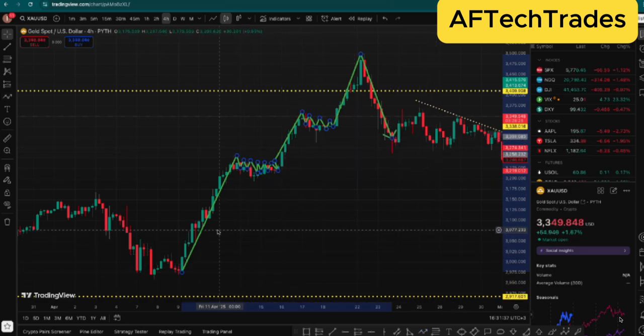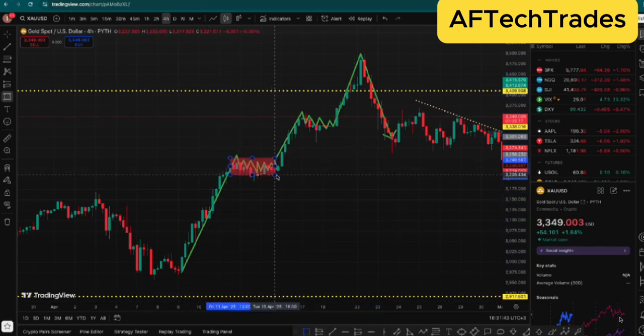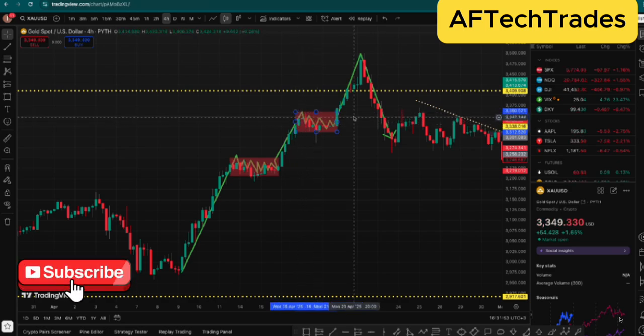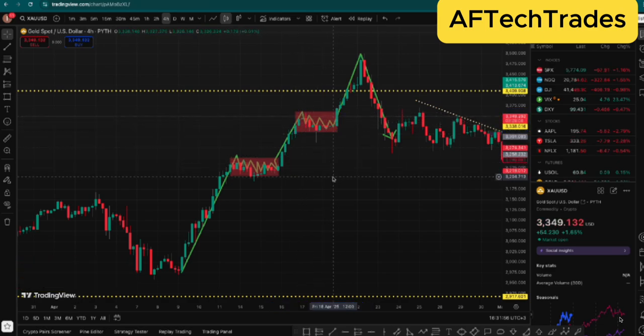So I want to show you the strategy on how to trade this rally. Here is the base. Here is also another base, right? If you look at your charts, you will see that the market usually forms in these directions.